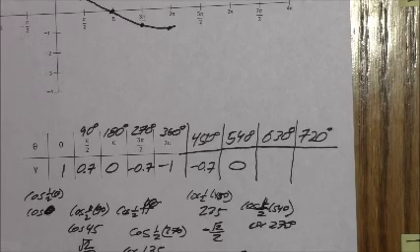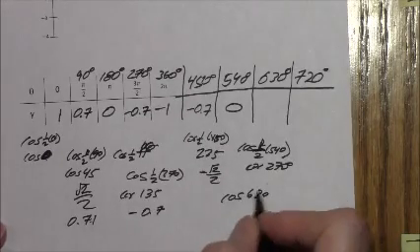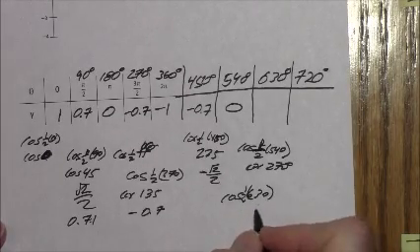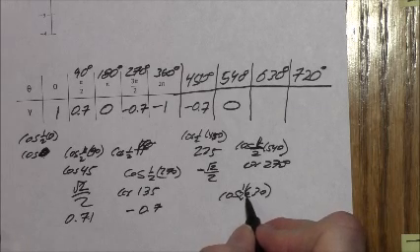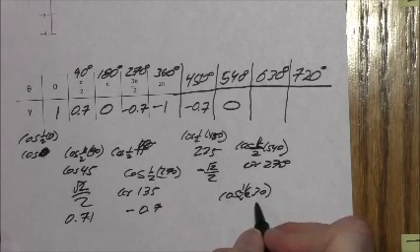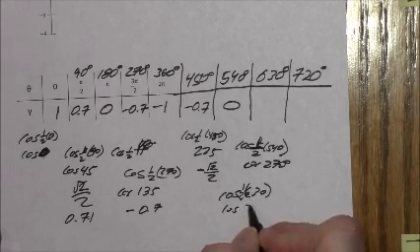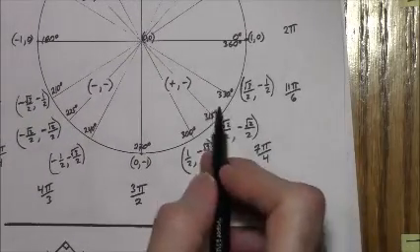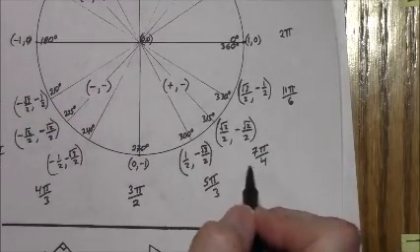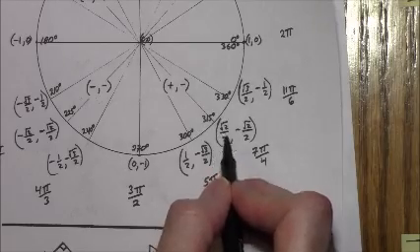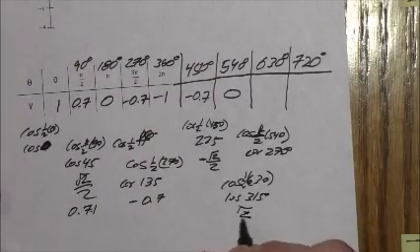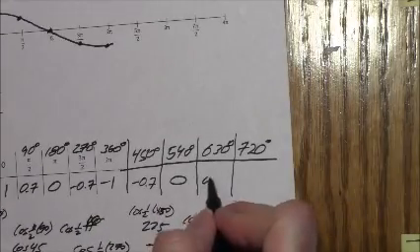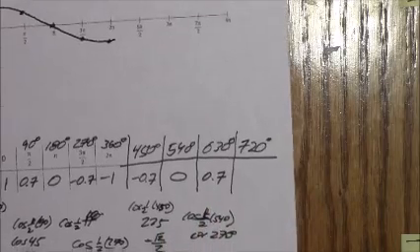Now I have some room here to do cosine of 1/2 of 630. So that's 315, so that's the cosine of 315 degrees. At 315 degrees, the cosine is a positive root 2 over 2, which is 0.7, positive now.